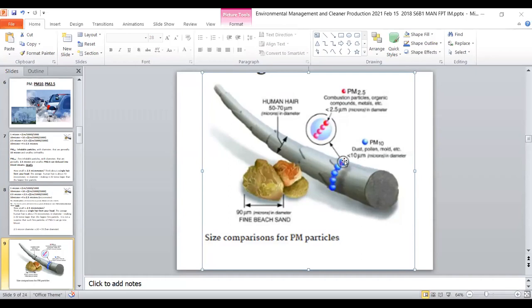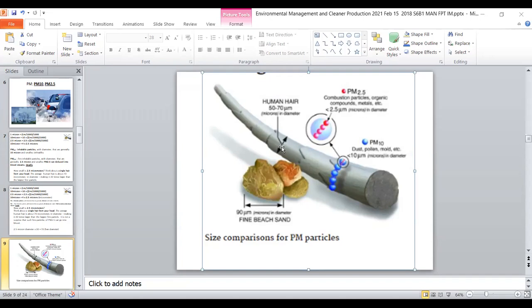So PM10 is maybe 50 to 70 microns in hair diameter.